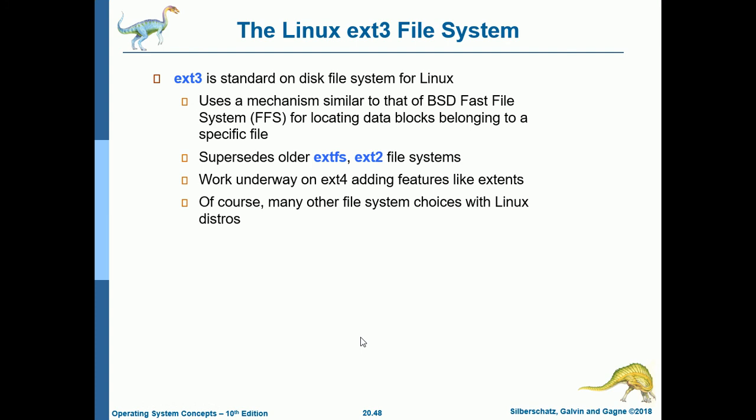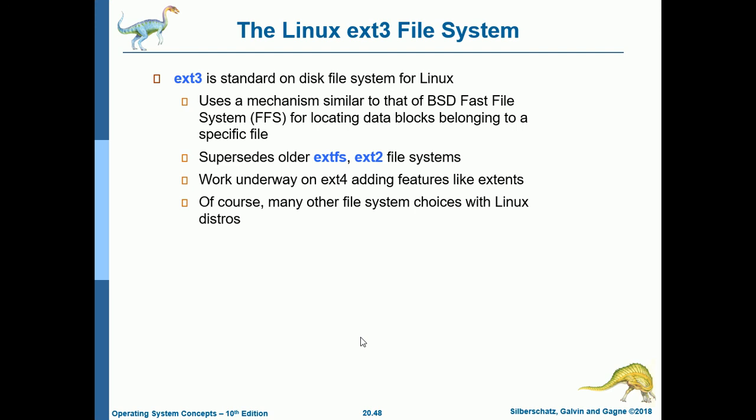Next, we have the Linux ext3, or the third extended file system. ext3 is a standard on-disk file system for Linux. It uses a mechanism similar to that of the BSD Fast File System, or FFS, for locating data blocks belonging to a specific file.